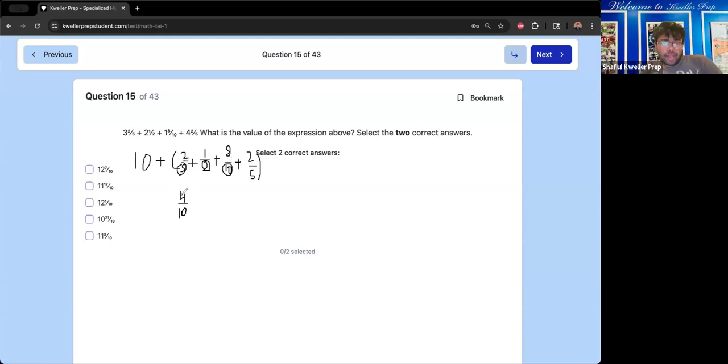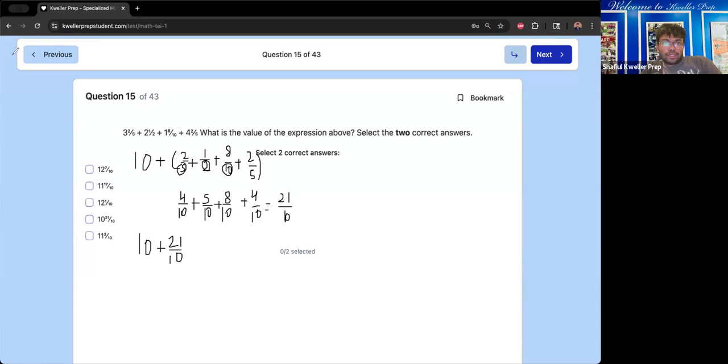So 2 over 5 is equal to 4 over 10, plus 1 over 2 is 5 over 10. 8 over 10, we can just add. 2 over 5 is equal to 4 over 10. This is 21 over 10. So one possible way is just 10 plus 21 over 10.